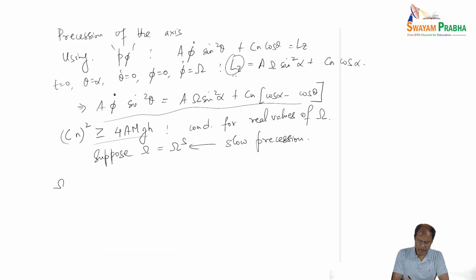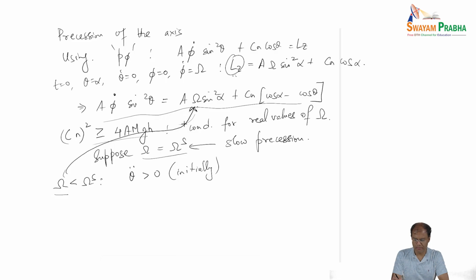So if my omega is less than omega s, we see that theta double dot is greater than 0 initially. So what I am saying is, suppose we plug in the value of omega which is less than the slow root, the omega s, right?